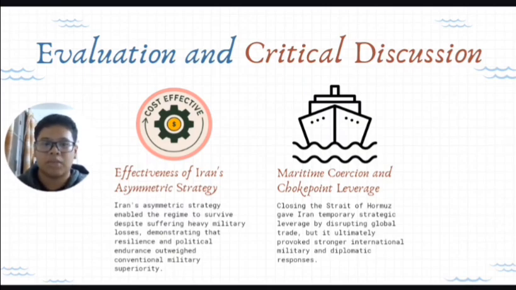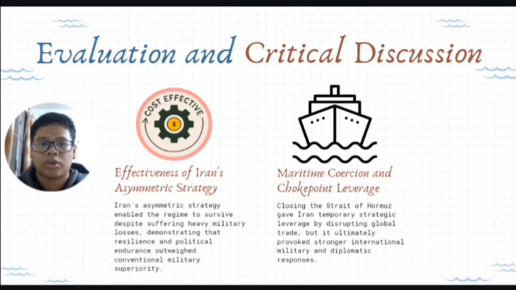By relying on missiles, drones, and decentralized command structure instead of direct conventional warfare, Iran remained operational throughout the conflict. This shows that resilience and political endurance were more important than military superiority, making the strategy successful in preserving the regime despite the heavy cost.